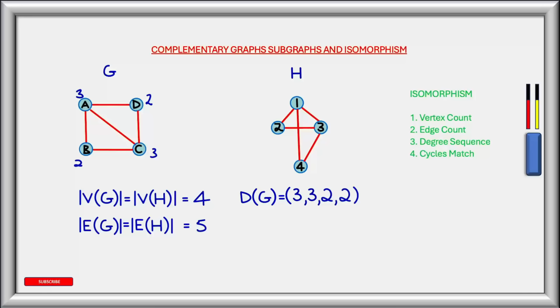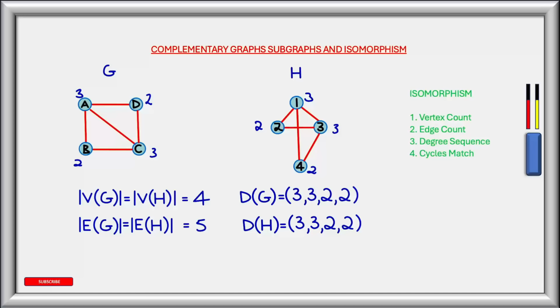And for graph H, vertex 1 has 3 edges. Vertex 3 has 3 edges. Vertex 4 has 2 edges. And vertex 2 has 2 edges. And arranging these in order from highest to lowest, we have 3, 3, 2, and 2. So as we can see, the degrees of graph G match the degrees of graph H. So this test also passes.